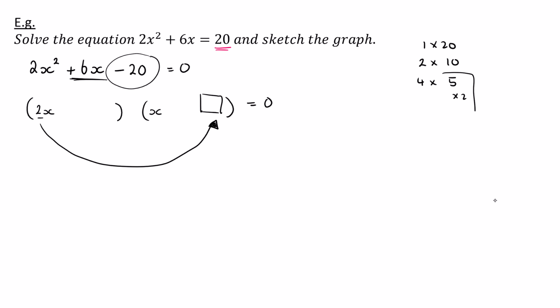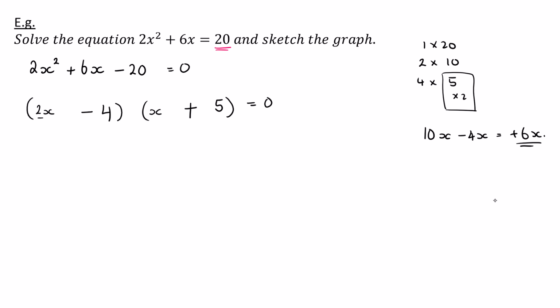So I think I've hit the jackpot here. 2x times 5 is going to give 10x, and I want it to be a positive 10. And then if I take away 4, negative 4x is going to give me my plus 6x, which is what I want there.